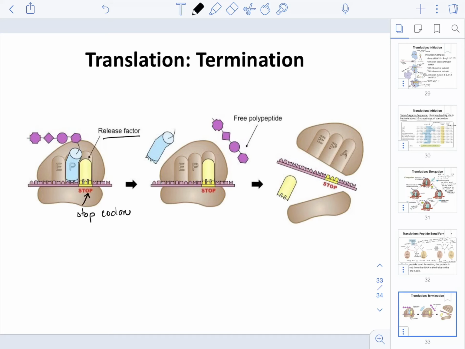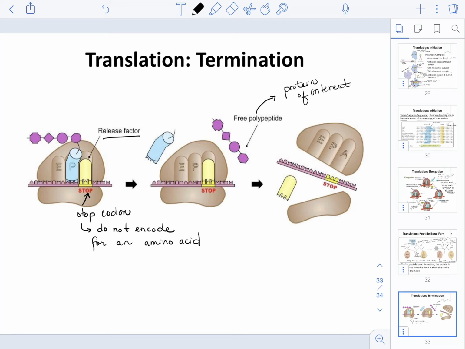As I mentioned, stop codons do not encode for an amino acid. Their role is simply having the release factor bind there, so the ribosome, the tRNA, and the free polypeptide, in other words our protein of interest, is now released into the cytosol.